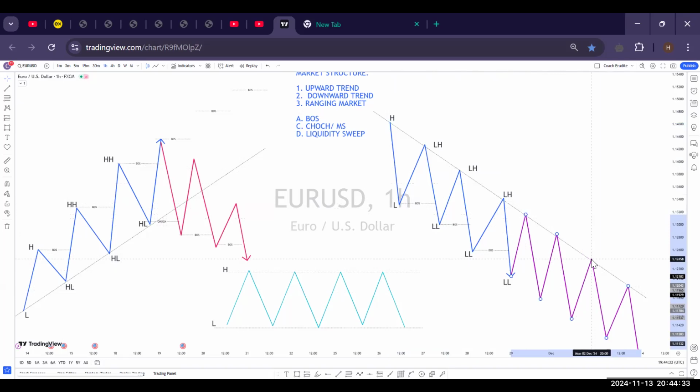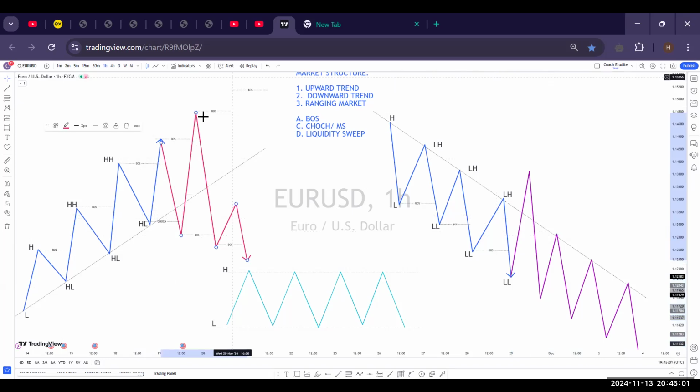Let me bring this again. Anytime price sweeps your lower high, it is seen as a sweep of liquidity, not a change of direction. So what we have here is a sweep of liquidity. Same thing to the higher low. Anytime price breaks your higher low and still maintains the direction of the market, breaking structure to the upward side, it is seen as a sweep of liquidity.